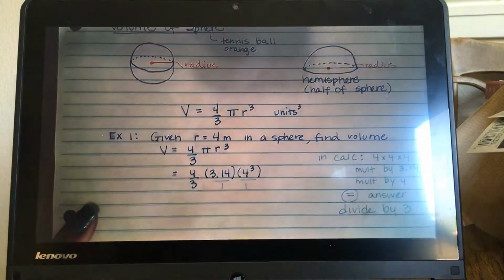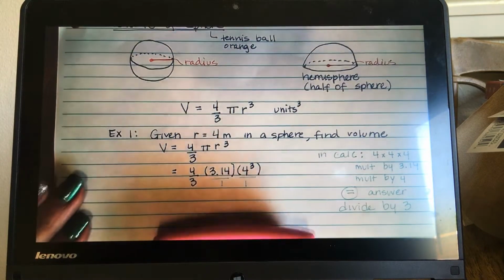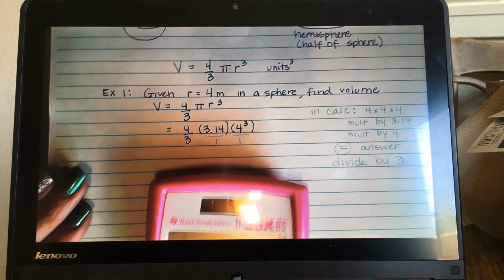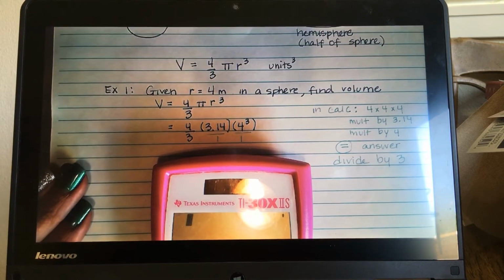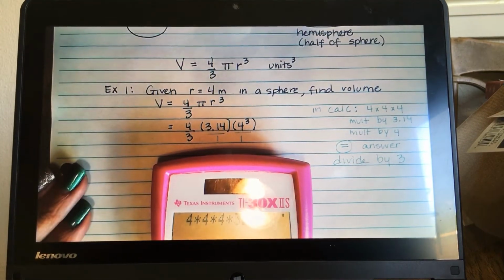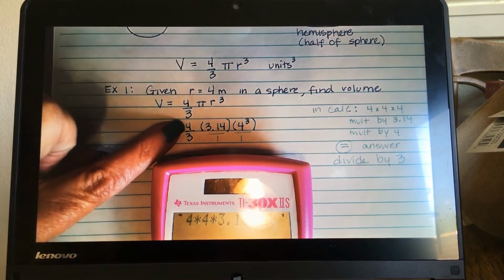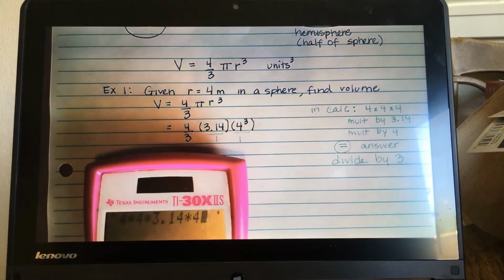So writing those steps out, let's plug them into the calculator. I'm going to do 4 times 4 times 4, that's the radius cubed, multiplied by pi, multiplied by 4. That's our numerator. Then I hit the equal sign.